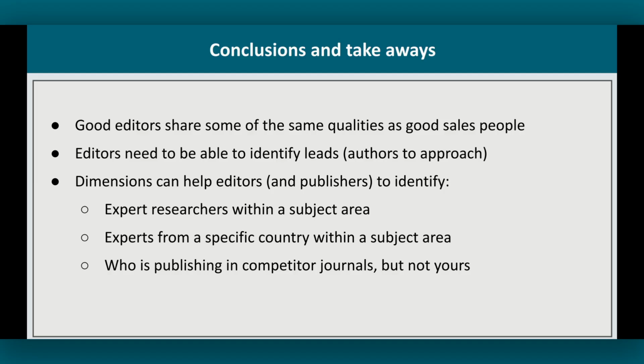And you can also, and I think this is a really helpful and a very, very powerful way of working out who you need to engage with, create a list of researchers who are publishing in competitor journals but not yours, because then you've got a list of people who you can meet at conferences, you can do desk outreach with, you can try and arrange telephone calls with, anything you can to try and identify who those people are who are publishing with your competitors, and effectively to woo them, to try and convince them to publish with your journal rather than with your competitors.